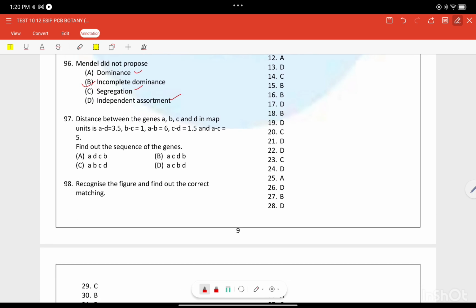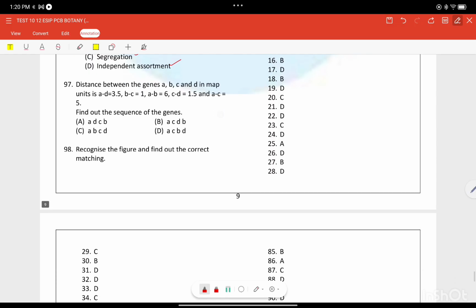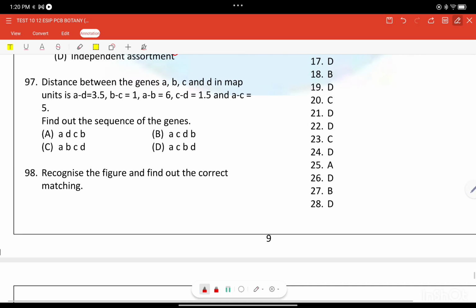Distances between the genes A, B, C and D in map units are given. Find out the sequence of the genes. A and D is 3.5.